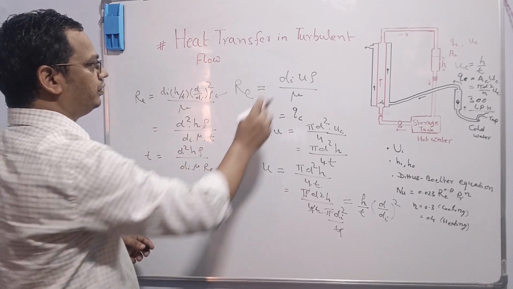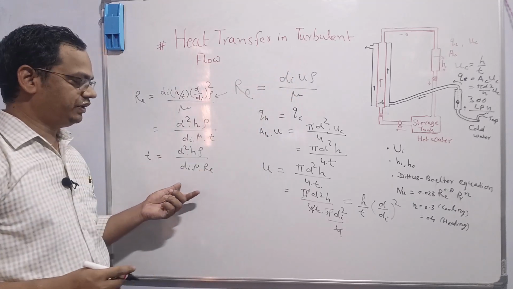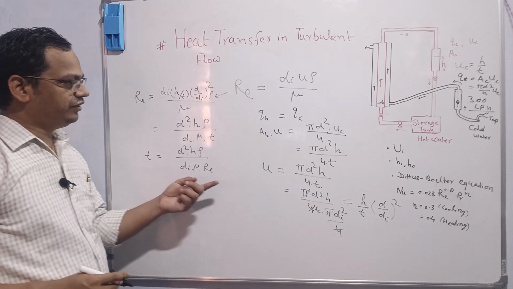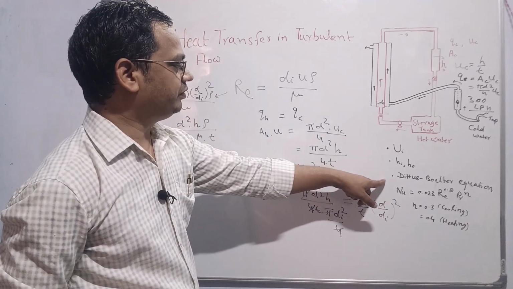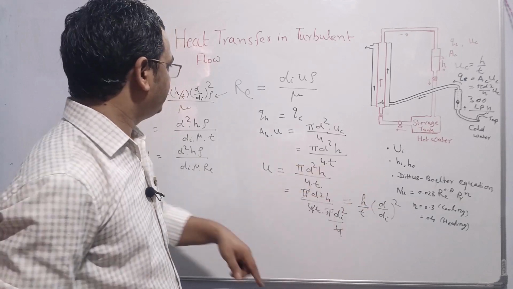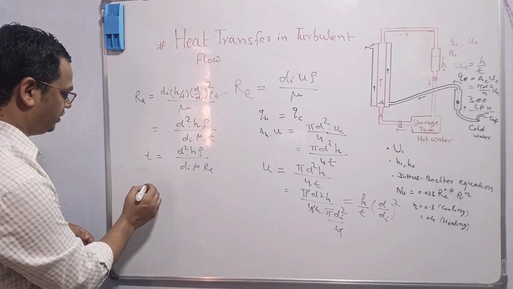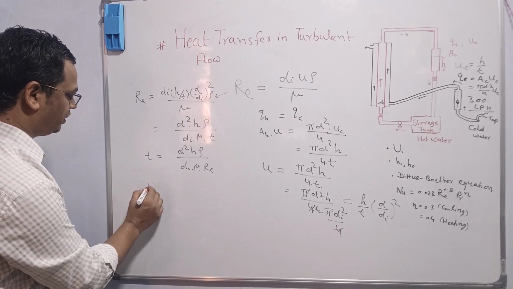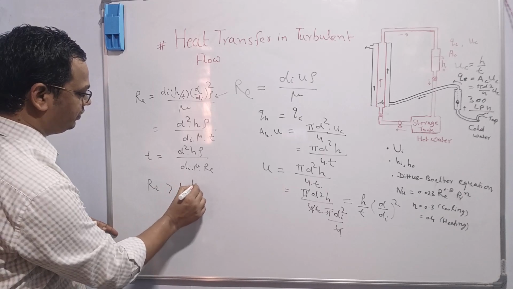For turbulent flow, the Reynolds number should be more than around 4000. But we have to verify the Dittus-Boelter equation, which is well applicable for fully turbulent flow. So for that, flow should be very high, and the Reynolds number should be more than 10,000. Re should be around 10 to the power 4.